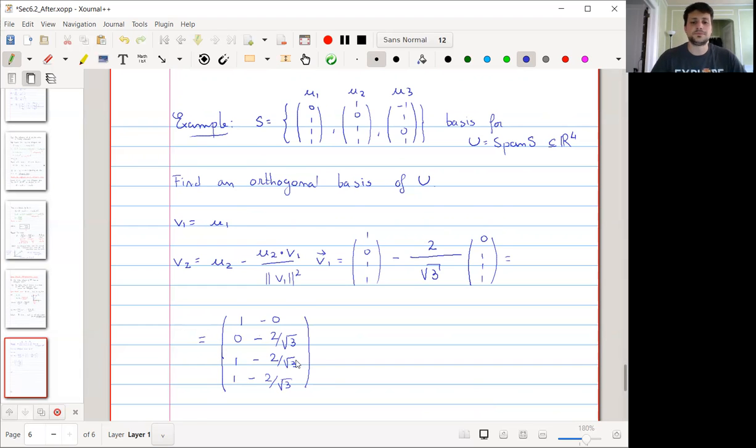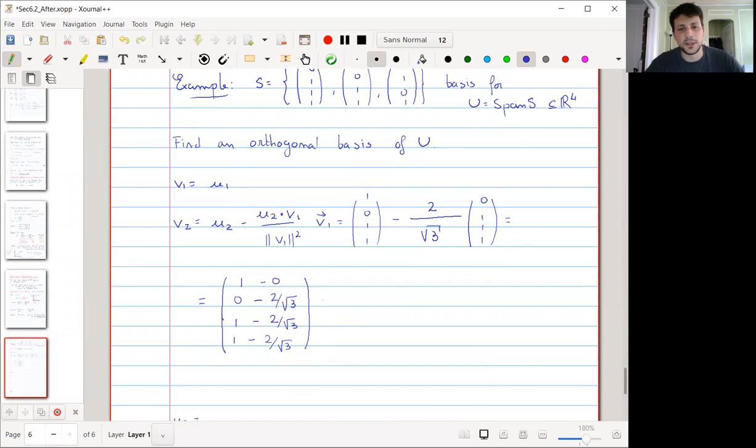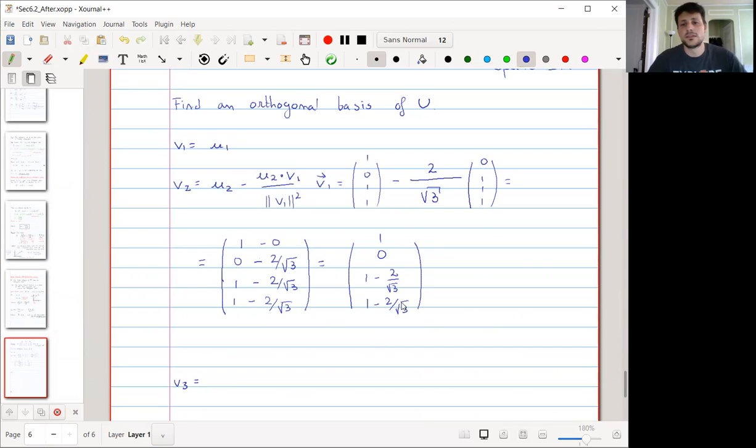That's my vector v2. I can clean it up a little bit and write it as follows: 1, minus 2 over root 3, 1 minus 2 over root 3, and 1 minus 2 over root 3. Now you can check that v1 and v2 are in fact orthogonal.